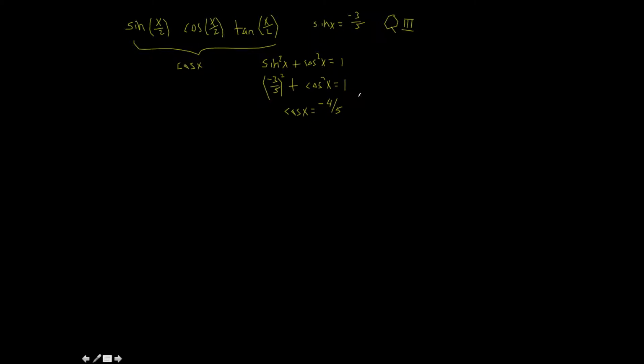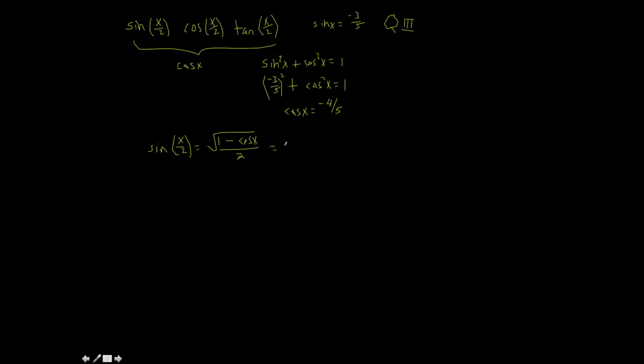Now, once you know cosine x, you will be able to solve this like a piece of cake. So we can very easily figure out what the sine of x over 2 is. That's the square root of 1 minus the cosine of x, all over 2.